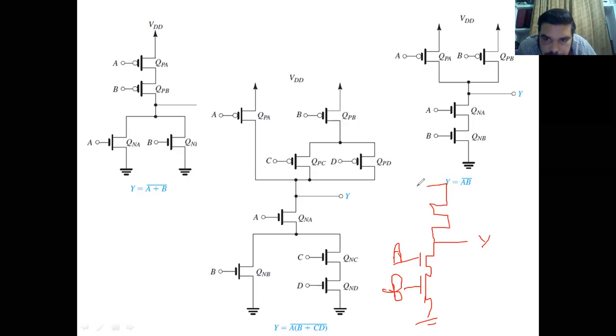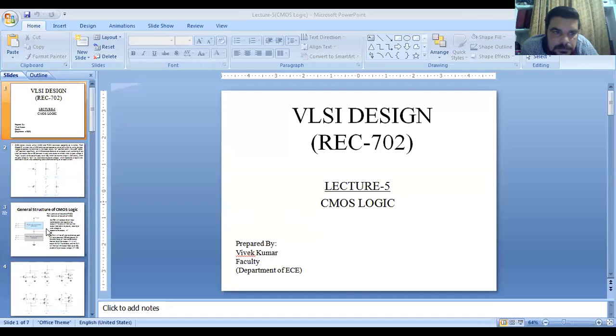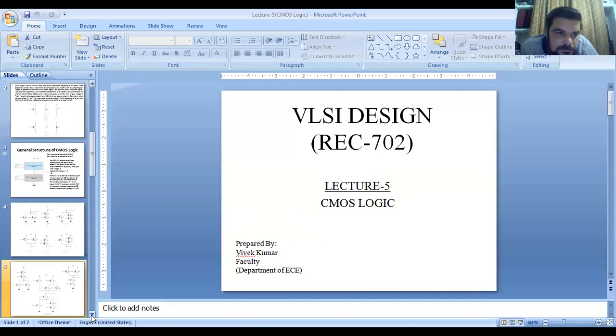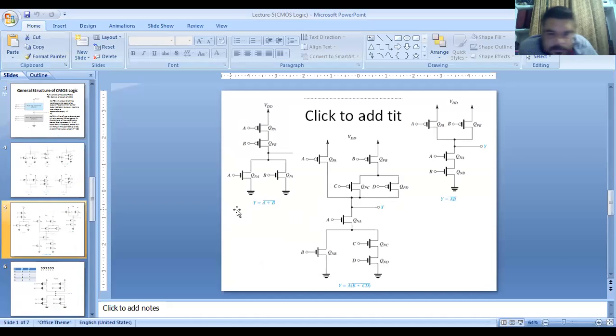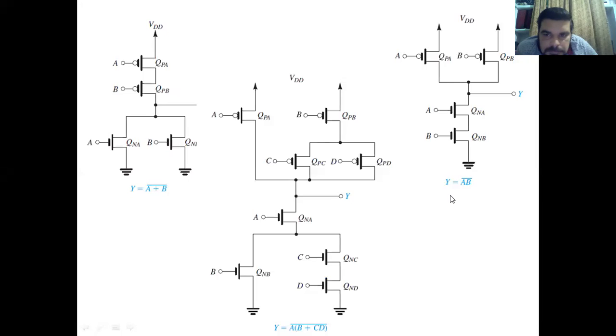For the pull-up network, you can do it like this. This is your PMOS. This is another symbol of PMOS.